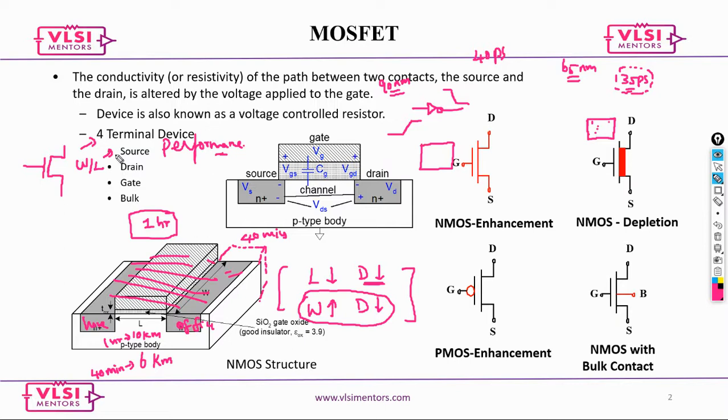Now, if your W is high for a given technology, we will have a lesser delay. This is the place where you need to understand: the higher the width, the lesser the delay.